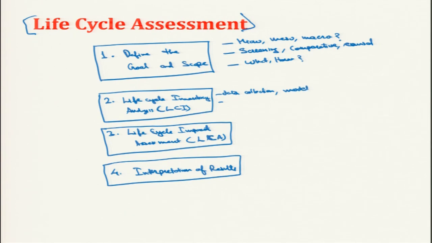It is not a complete modeling, however; this whole life cycle assessment is a complete model in itself. This is just actually fetching information. Then the results here can be an inventory table, an extensive list of environmental interventions.